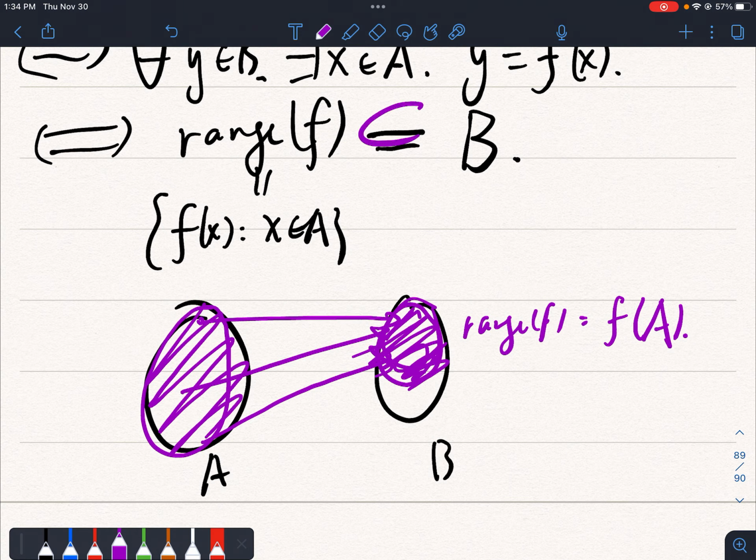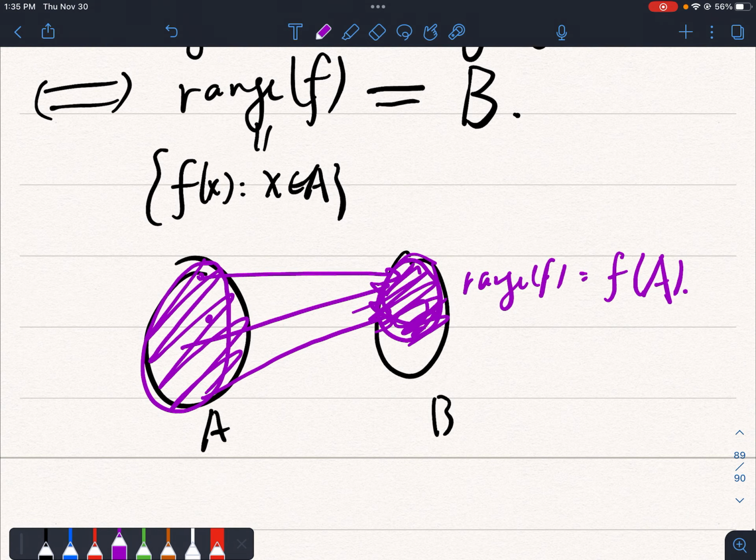Then you can see clearly that a function is surjective if and only if this range is the entire set B. In general this is not necessarily true for a general function. But if this is true, then every point in B is actually a value of f, which means you can find some x such that x is mapped to y.